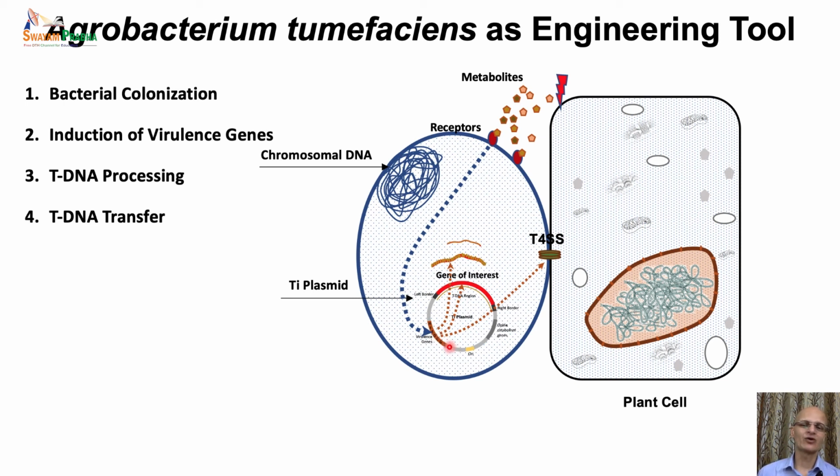At least 10 or 11 proteins are encoded from this VirB operon. The packaged T-DNA is directed to the communication channel, or this type IV secretory system tube, and it is transferred through this channel to the cytoplasm of the plant cells.